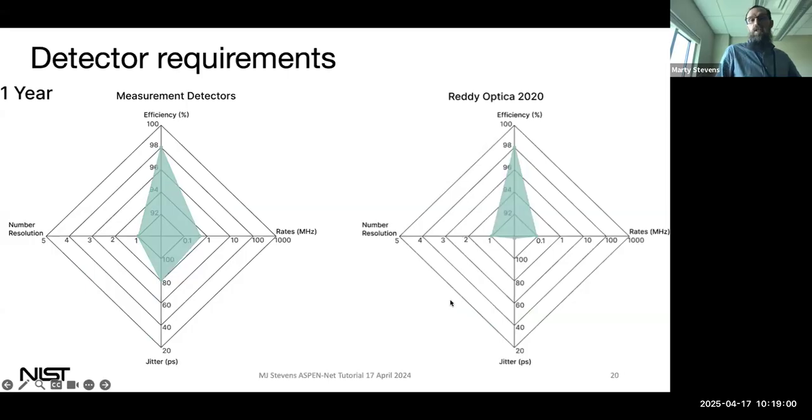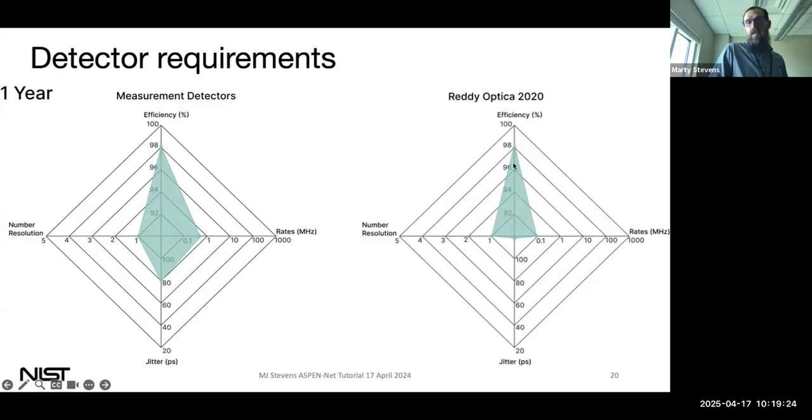So let's see how these detectors stack up to our requirements. I'll compare it just to the measurement detector, because that's where this detector is most likely to be useful. Our 1 year goal, you can see the efficiency is there. Number resolution is fine. The rates may be a little low. These particular detectors had quite low jitter.